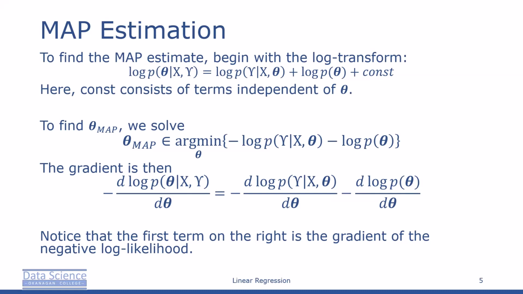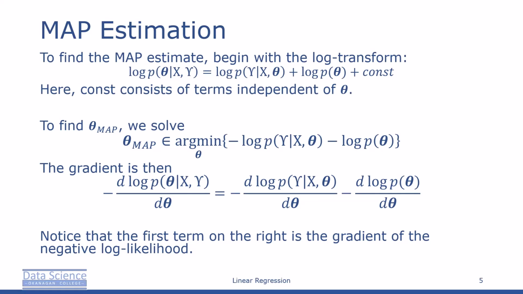To find the MAP estimate, theta MAP, we minimize the negative log posterior distribution with respect to theta. That is, we solve theta MAP is in argmin over theta of negative log P of Y given X and theta minus log P of theta.